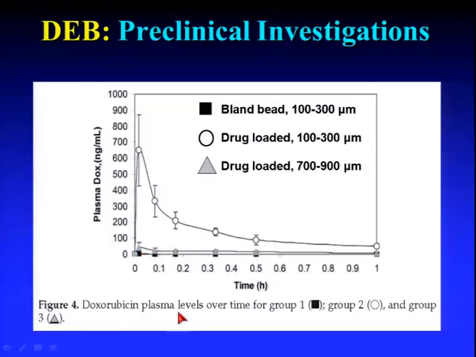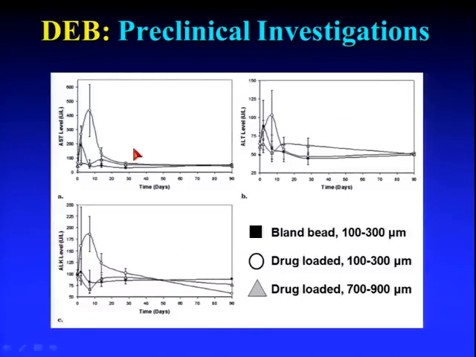You can see doxorubicin plasma level is very low in large-sized bead, but in small-sized bead, pretty rapid elution was discovered. And liver enzyme was also, as expected, markedly elevated in small-sized bead DEB-TACE. But in large-sized bead, the enzyme was not so much elevated.